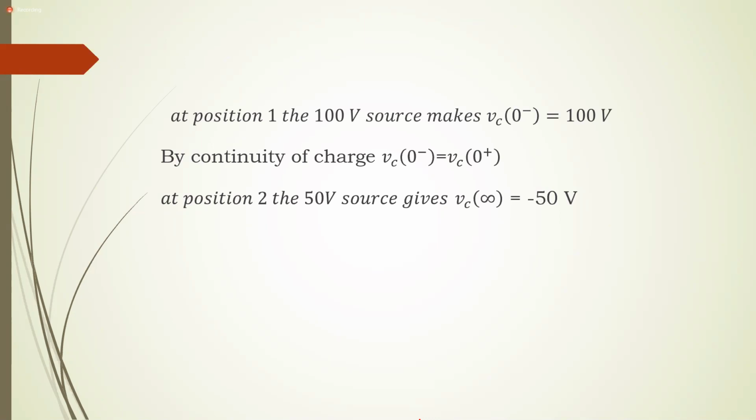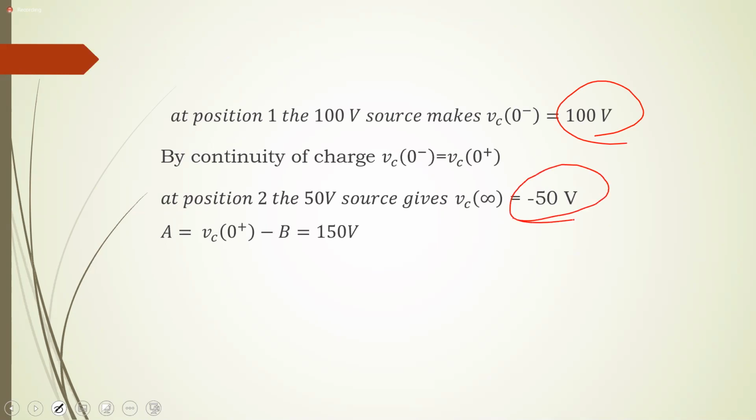So it's minus 50. And how did we define A? Initial conditions minus B. So it means that initial is 100, B is minus 50. Therefore, A is 150.